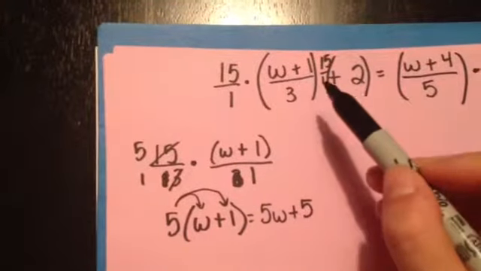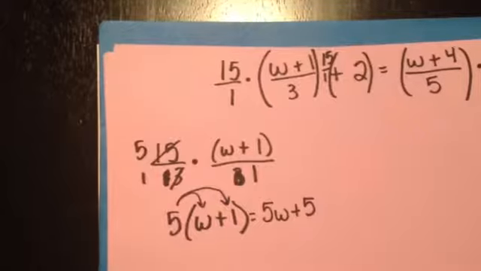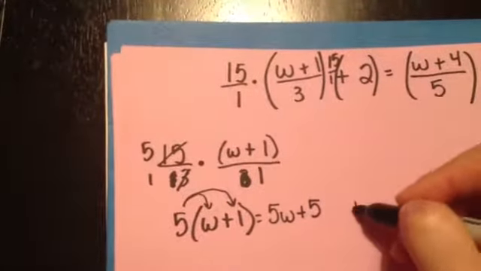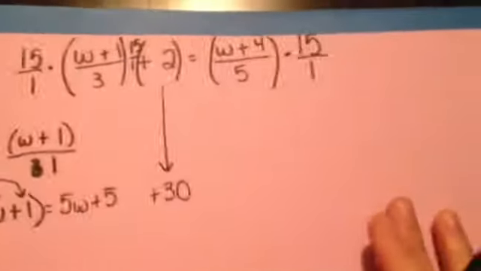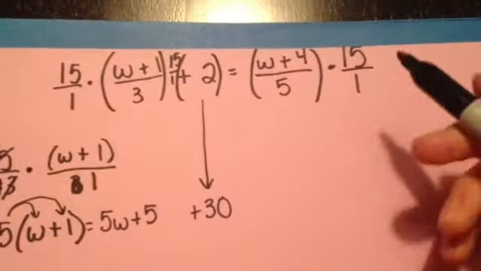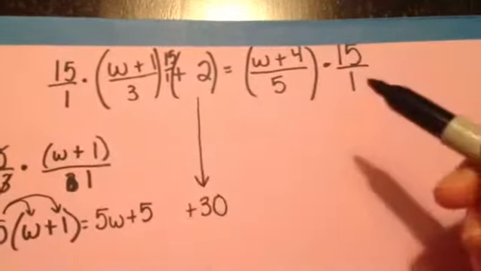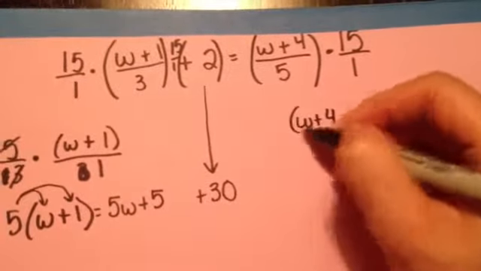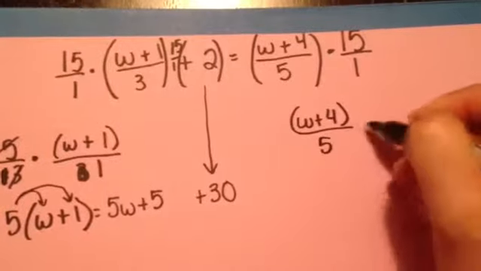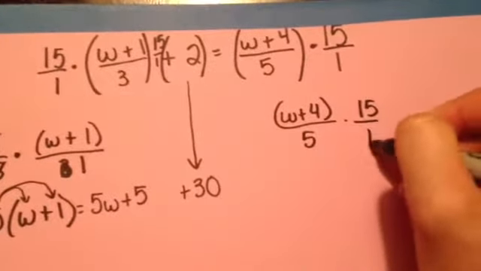Then 15 times a positive 2 gives me 30, so that piece becomes positive 30. Now this piece over here, I'll do something similar. I have the quantity w plus 4 over 5 times 15 over 1.